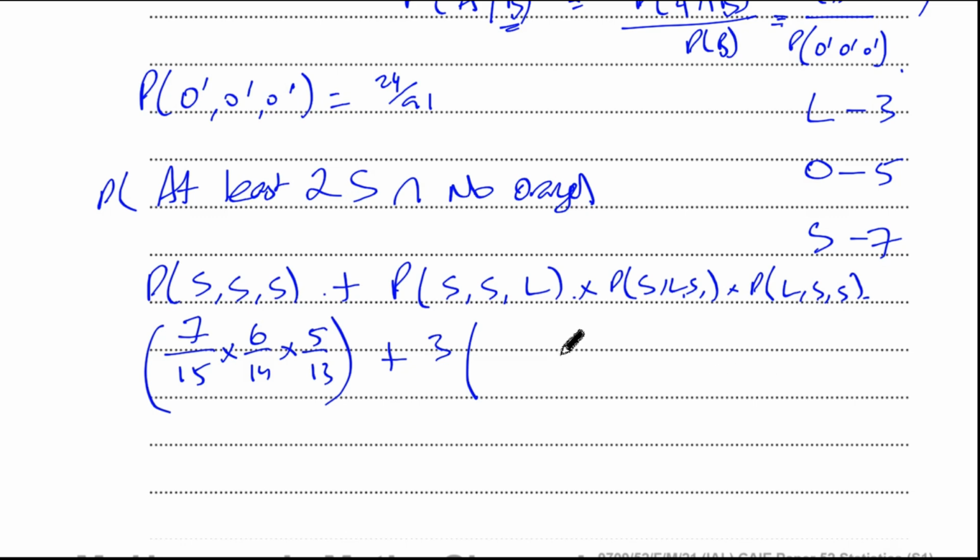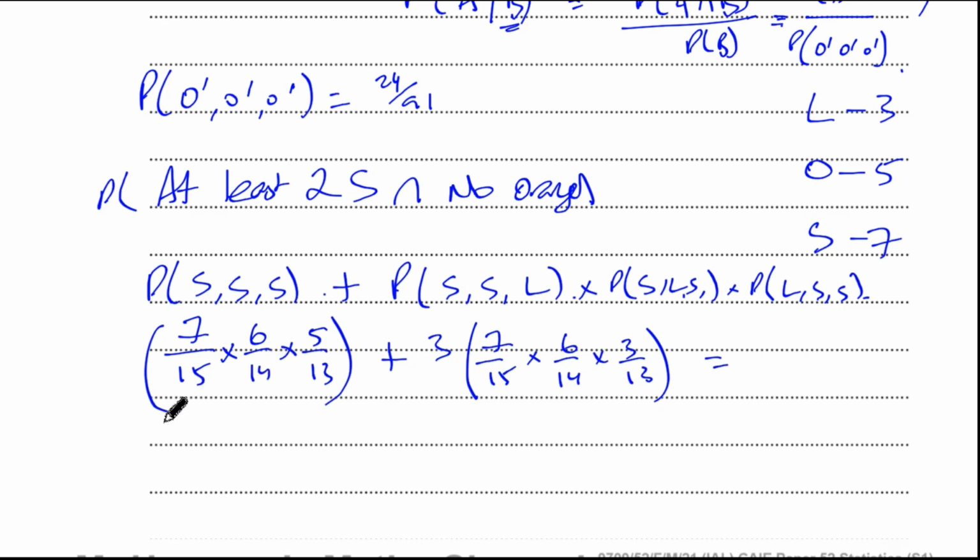So strawberry, strawberry, and then lemon: 7 out of 15, times 6 out of 14, times lemon, which is 3 out of 13. We're not considering the oranges because they're out of the sample space now. We've got to add those together.